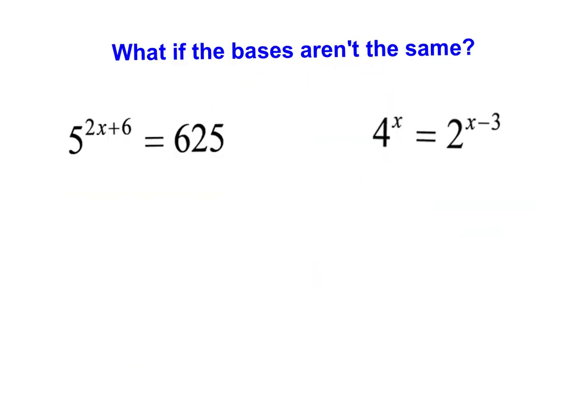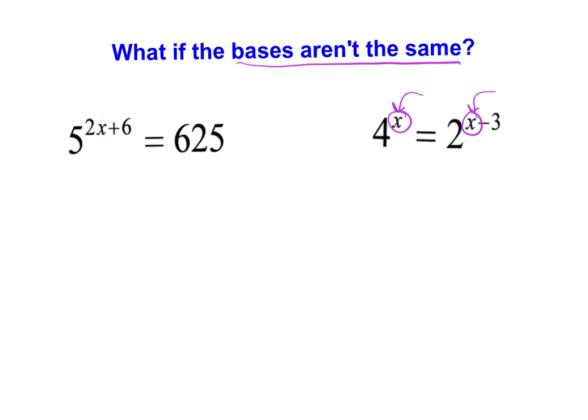Now let's take a look at what happens when we have two equations, but the bases aren't the same. If we take a look at both of these equations, we notice that both contain an x value inside of the exponent. Because of this x value in the exponent, we're going to have to use some of our exponential equation solving strategies to help us solve these, because we can't just remove the x from the exponent without actual probable cause and logical thinking.